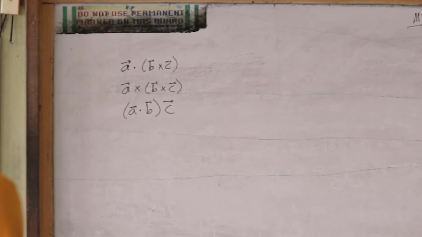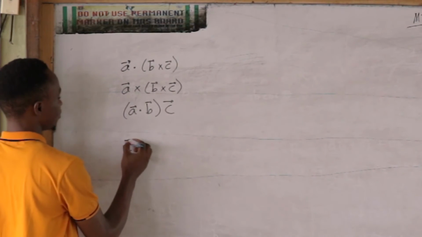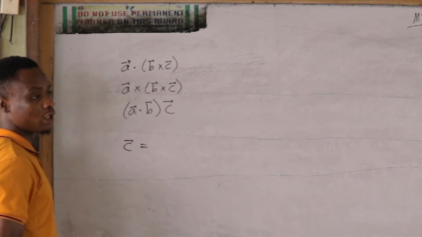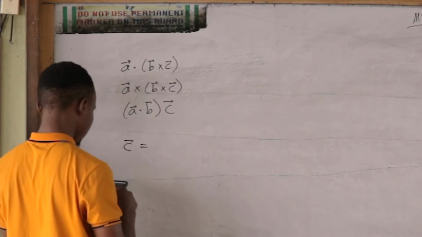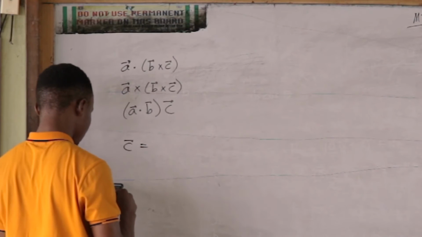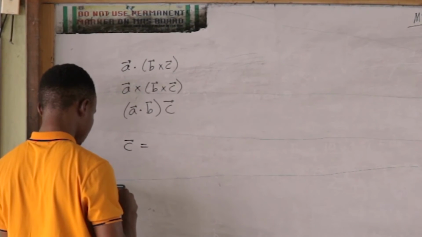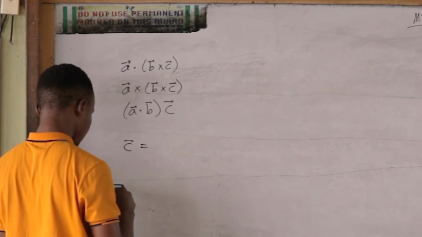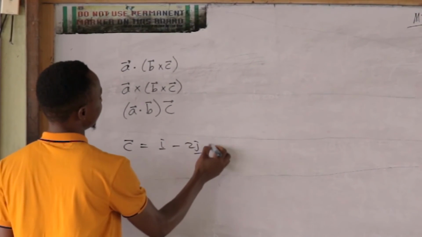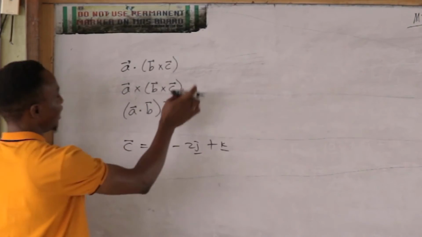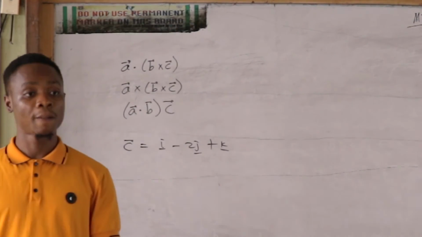You get it? So use the vectors just given to you now, and C equal to, plus K. So carry out each one of them and tell me your results.